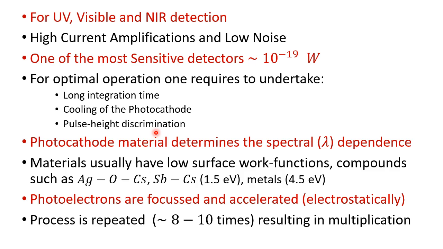So one can put a cutoff, which will not look at, for example, the signal arising out of dark noise, right? So one can do this pulse height discrimination at the output level to count only the signal. This improves my signal to noise ratio to a certain extent.